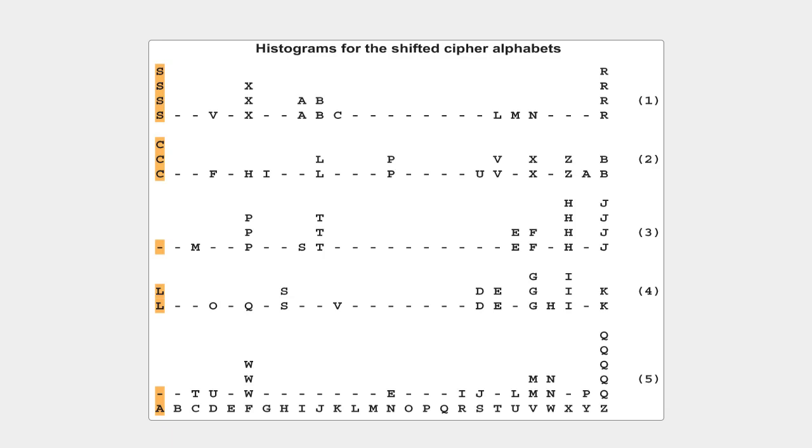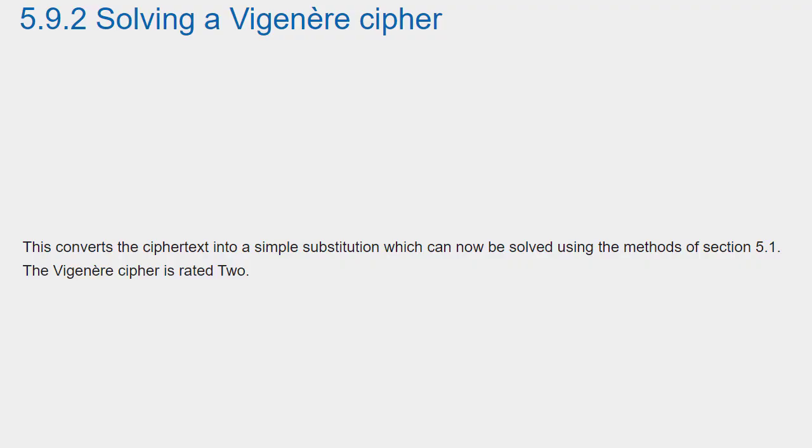In the third column, M in the third alphabet and T in the fifth alphabet represent the same plain text letter. Replace all of these by C, and so forth. The ciphertext letters in the 26th column would all be replaced by Z. This converts the ciphertext into a simple substitution, which can now be solved using the methods of section 5.1. The Vigenère cipher is rated 2.